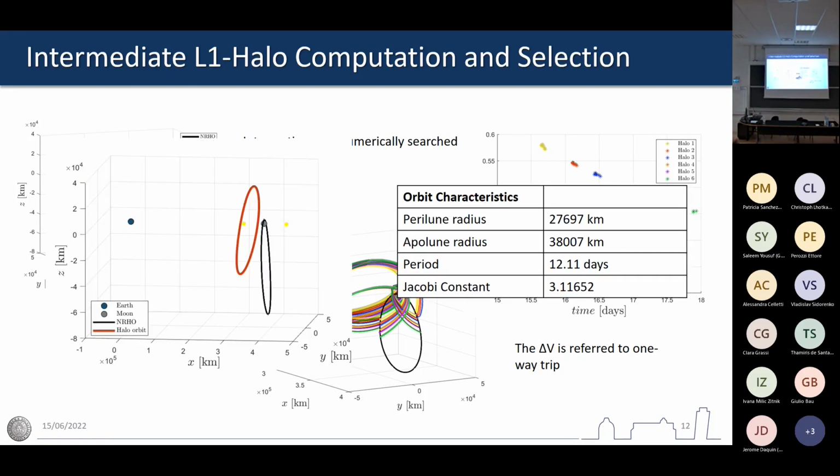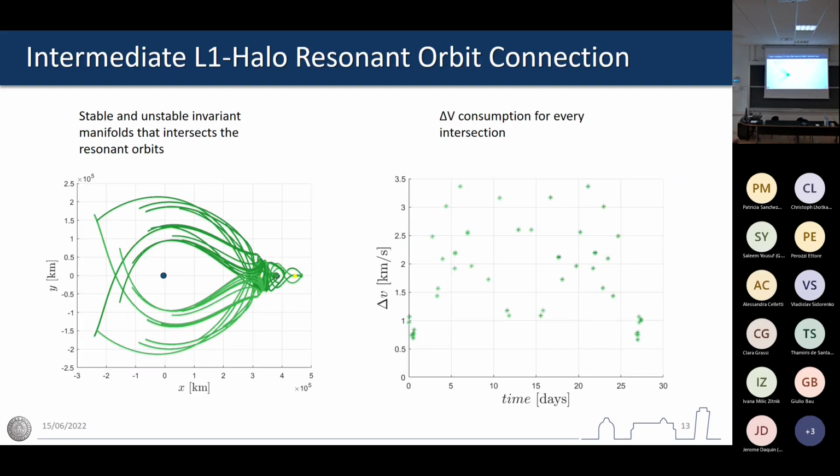That is defined by these parameters. Then we also investigated the possibility of using the manifold of the parking orbit to connect with the resonant orbit for the back and forth and to save some delta V. And we were able to find some intersection.